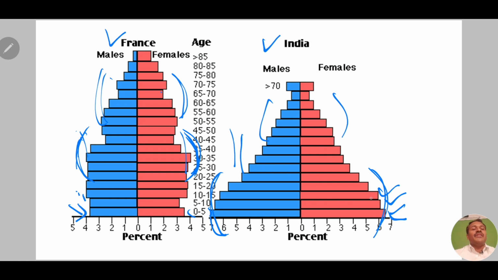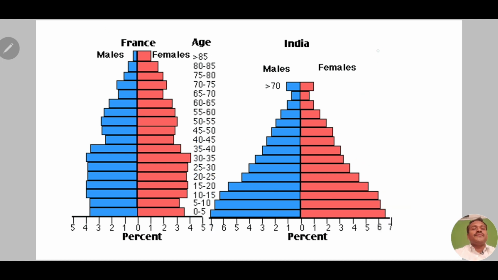That's why India has very good potential to become an economic superpower, because so many young people will enter middle age very soon. Whereas in France, they will face an economic crisis because the middle age group will move on to the elderly age group. The life expectancy has increased, so they will suffer from economic problems in the future. So this is what we learn from the population pyramid.